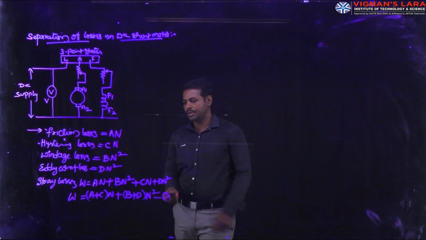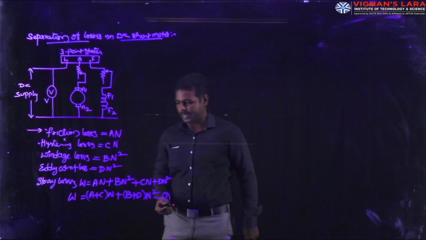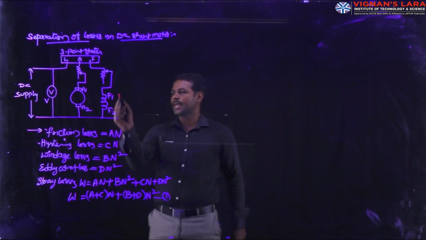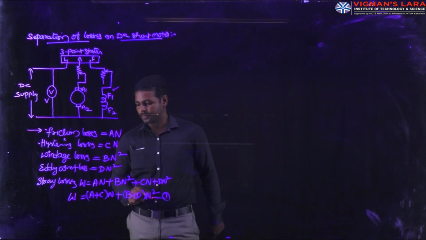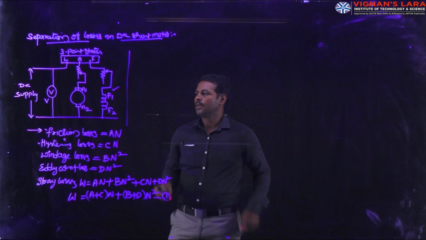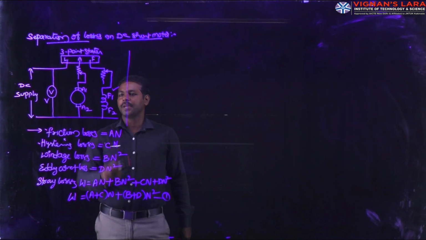These coefficients are to be calculated by using this circuit diagram. In this, first of all, the DC supply is directly applied to the armature of the motor.